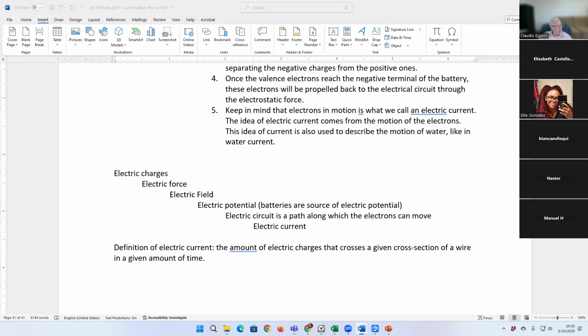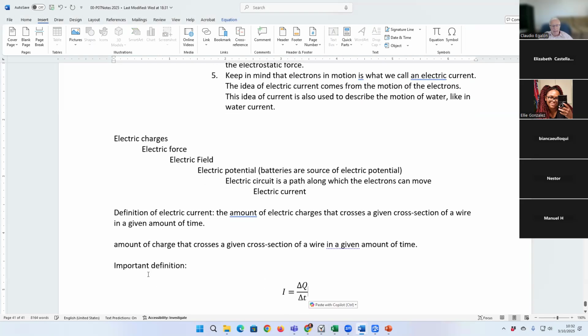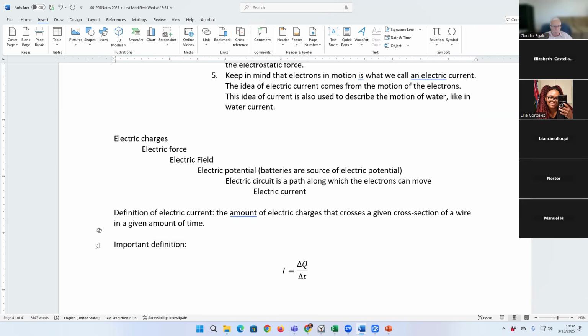Mathematically speaking, that's the definition of the electric current: delta Q over delta T.